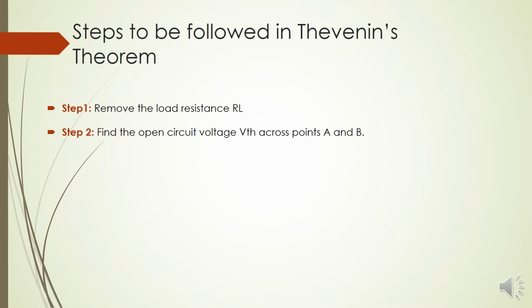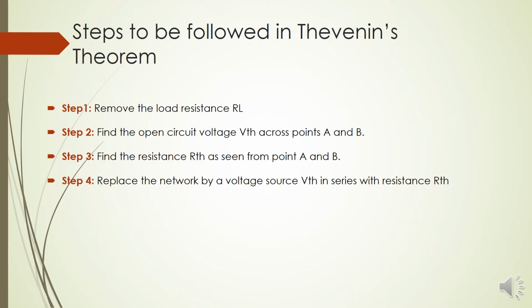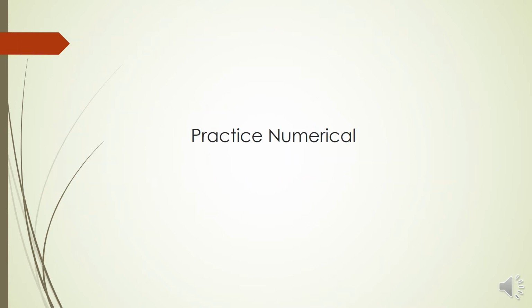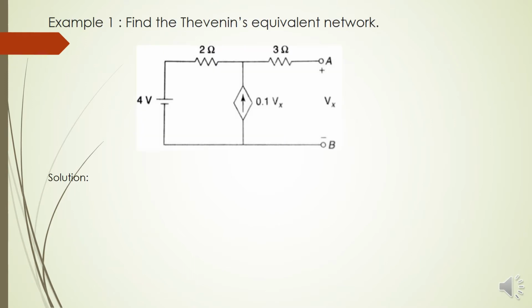Next step, find the open circuit voltage VTH across the points A and B. Third step, find the resistance RTH as seen from the points A and B. Step 4, replace the network by the voltage source VTH in series with resistance RTH. Then step 5, find the current through load resistance RL using Ohm's law. We will see some practice numericals based on this theorem.